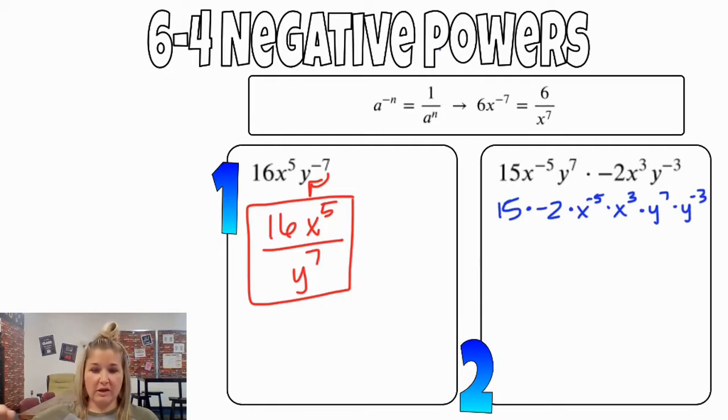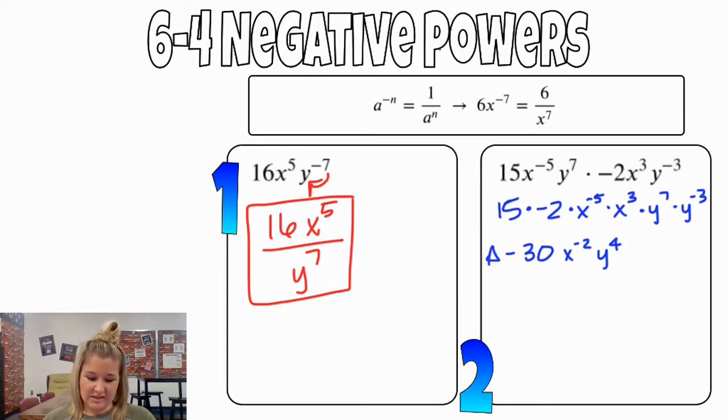So I'm going to go through there and just add those exponents and multiply the coefficients. So I still have negative 30. And just because a coefficient is negative does not mean it goes down to the denominator and makes positive. And then x, I have 5 plus negative 3, which is going to be a positive 2. Wait, x to the 3rd and negative 5th: negative 5 plus 3, which is going to be a negative 2. And then I have a y, and we have 7 plus negative 3, which stays a positive 4. Then I can't have negatives in there.